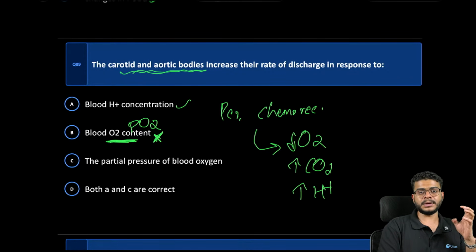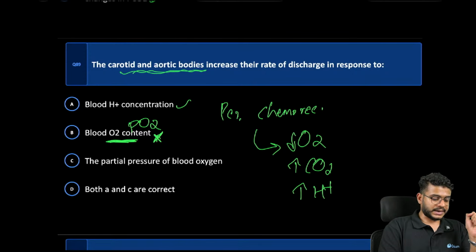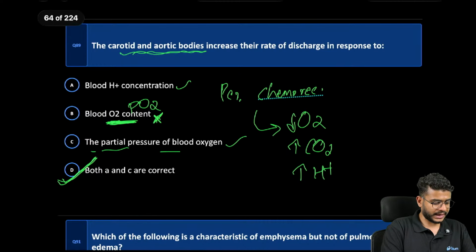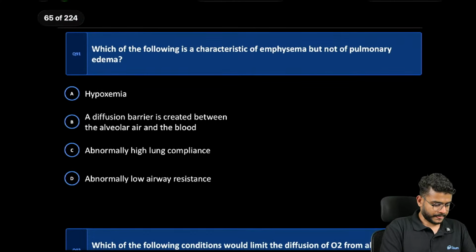O2 content is the oxygen attached to the hemoglobin, saturated with the hemoglobin, not the physically dissolved oxygen or the partial pressure of oxygen, PO2. So the third option is the partial pressure of blood oxygen. Correct answer is both A and C.